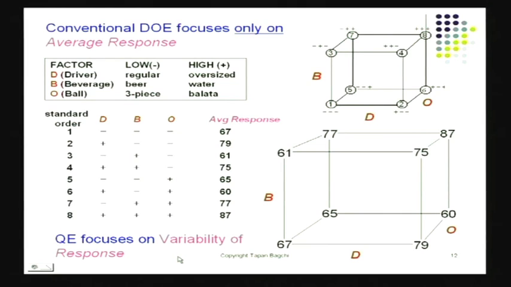So the response is not just the average score when I play golf, but also the variability at each of these settings. 61 might be the average, but the individual scores might have been 57, then 65, then maybe 58, 62, and so on. So I have multiple responses, and it's the variability of that which is also my concern when I look at this as a quality engineering problem.